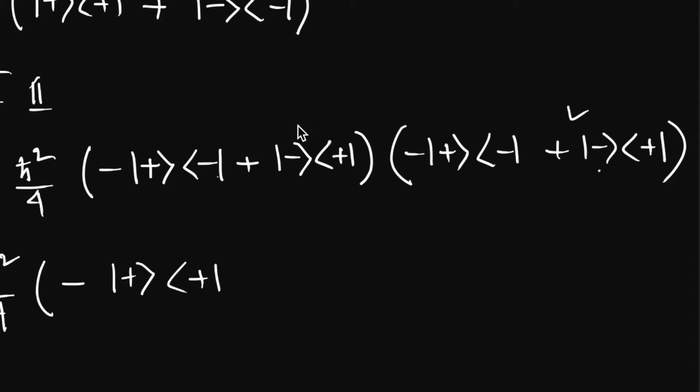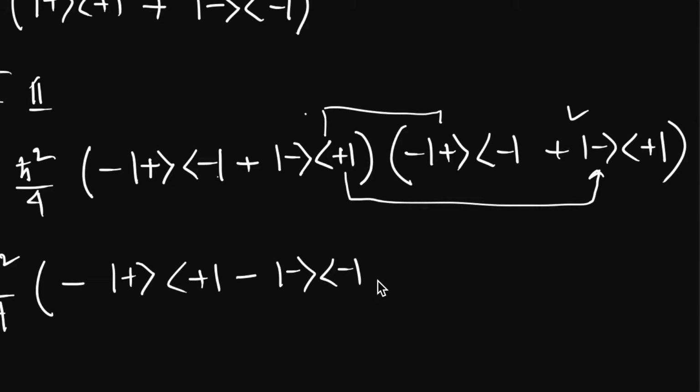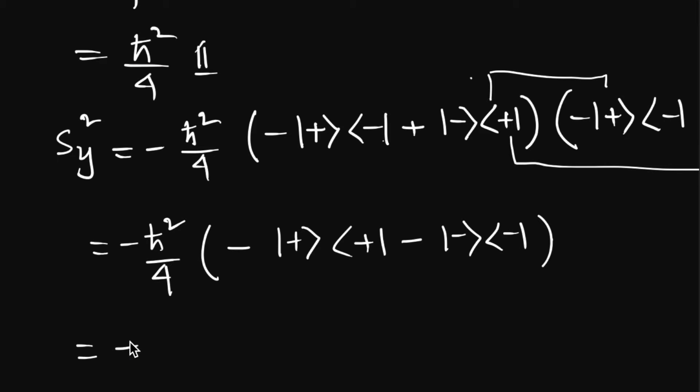Now if we multiply this term with this term, it will give 1. That means minus. If we multiply this term with this term, it will give 0. That means only these two terms will survive. Plus ħ² by 4, and this is nothing but the identity operator.